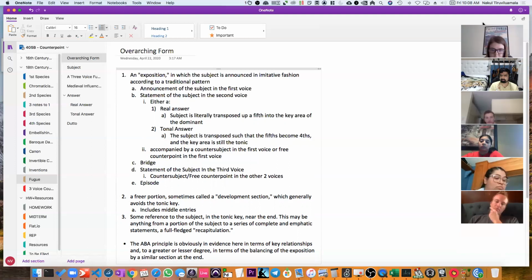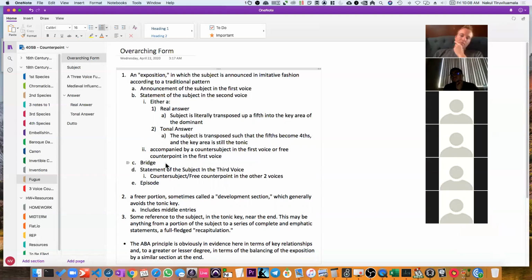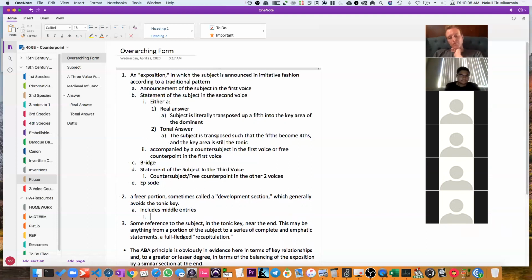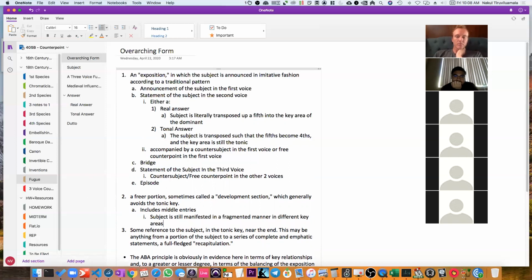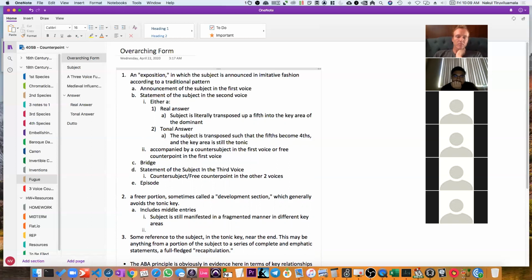And there are situations where the subject still appears, still manifested in a fragmented manner in different key areas. And then they are padded by episodes.